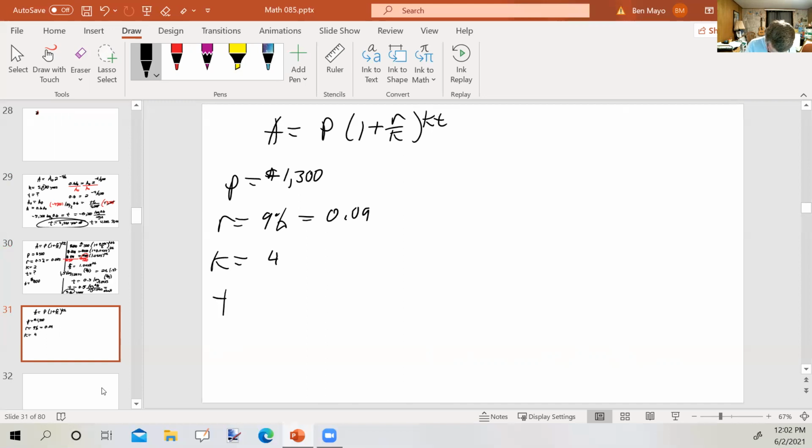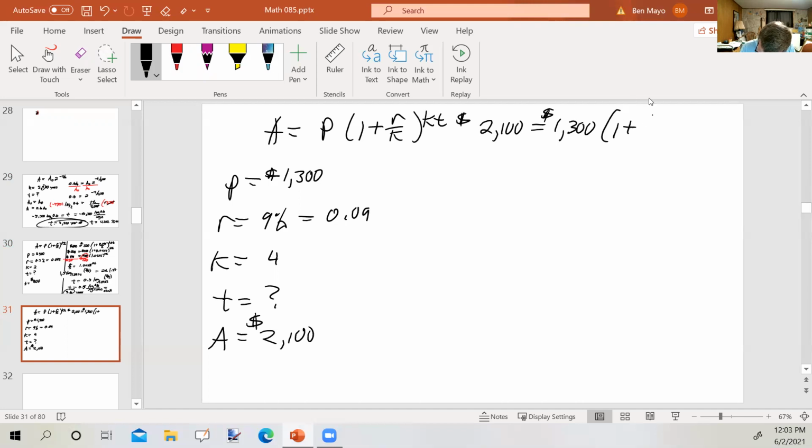And then how long will it take for the amount to increase to $2,100? Okay. This is very much like the one we just did. So we've got $2,100 equals $1,300 times (1 plus 0.09 divided by 4), all raised to the, let's see, 4t power.